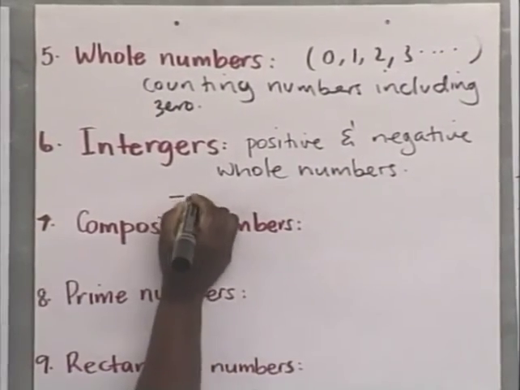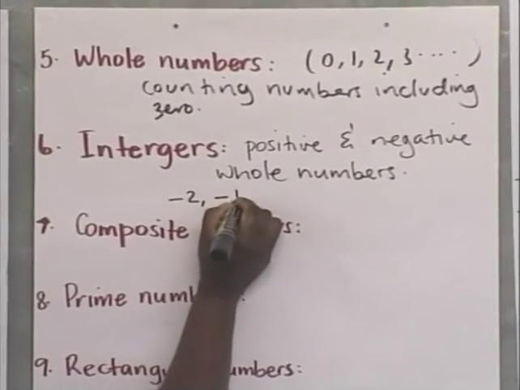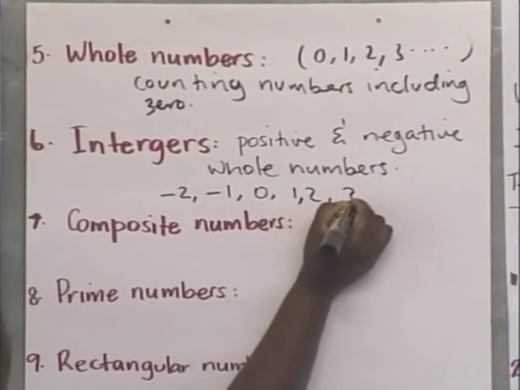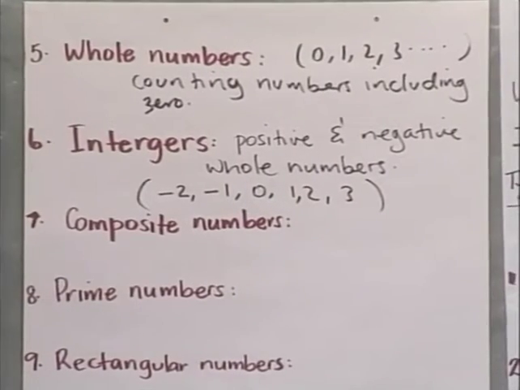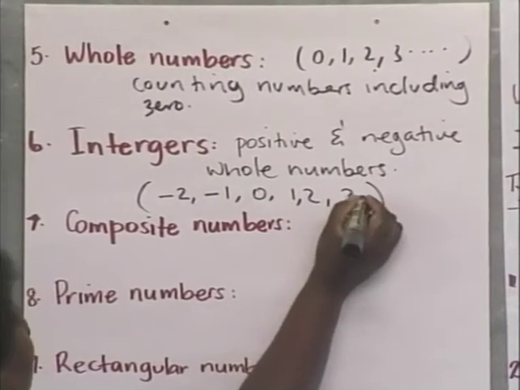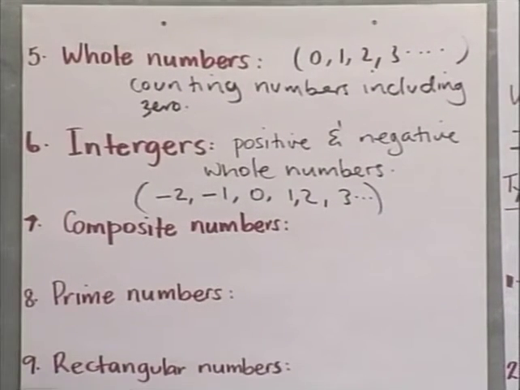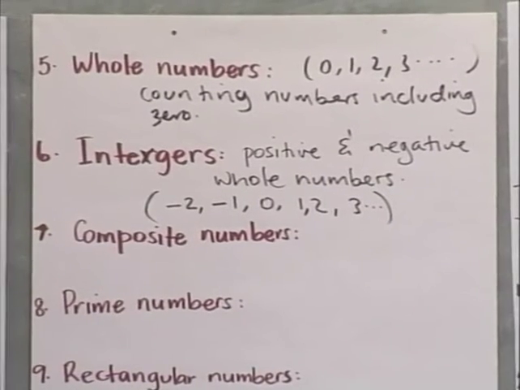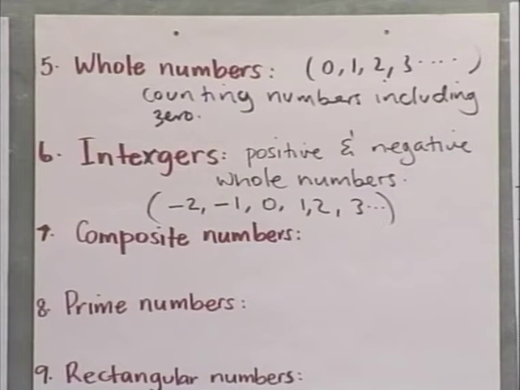For instance, -2, -1, 0, 1, 2, 3, and so on. I'd like you to remember this because there are lots of word problems that involve integers. You should know what they are.